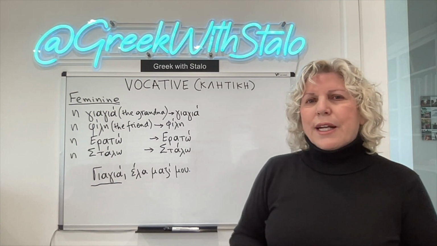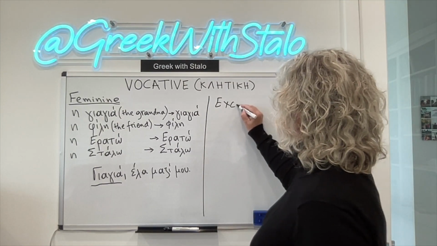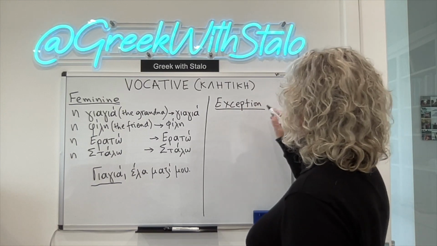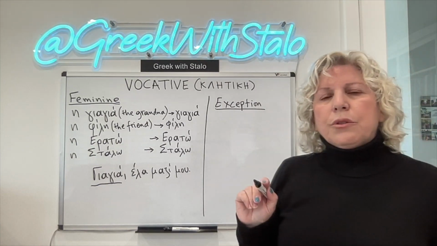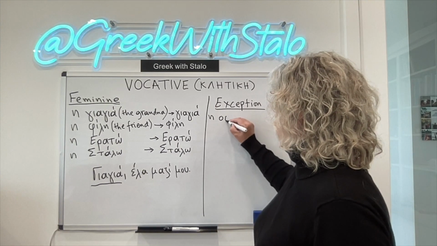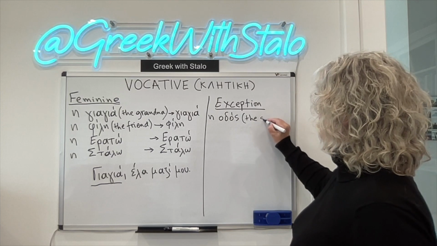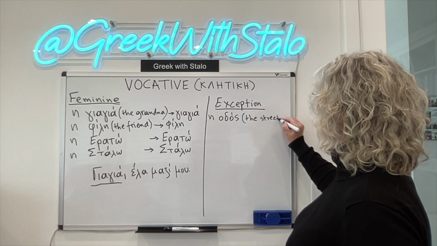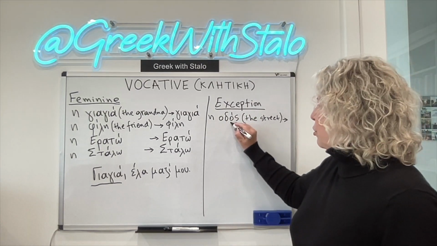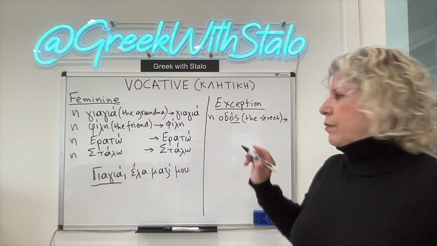There is one exception here too. When a feminine noun ends in os, for example, η οδός, the vocative is o.